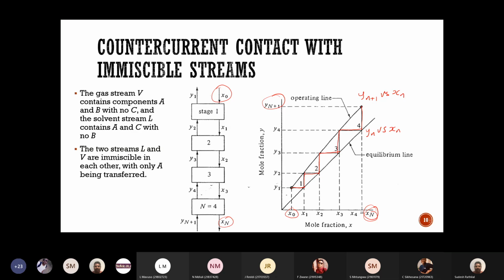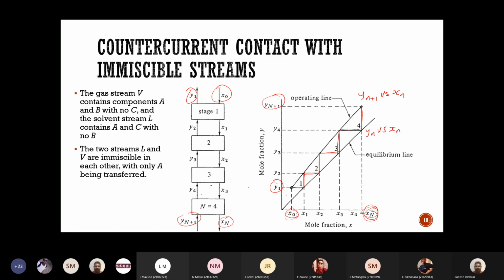Similarly, if I want to go from yn plus 1 to y1, I will be able to work out the number of stages, and that will tell me the composition coming in and the composition going out on the liquid stream.